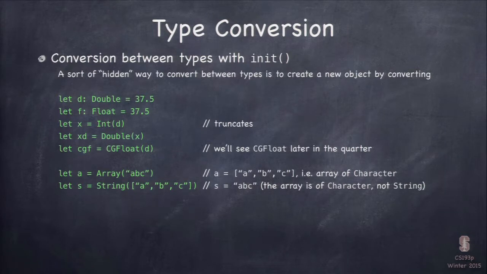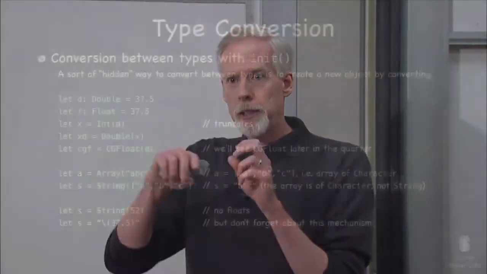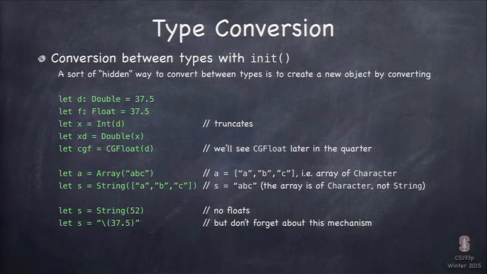Or vice versa, you can have an array of Unicode characters and pass that to String's constructor, and it'll return the string with those things zipped up. Okay? So there's kind of a hidden thing there. Notice that you can't do String of 52.5, but that's okay because you have that backslash open parentheses thing to convert floats to strings. You can do String of 52 though, because it has toInt. It kind of knows how to do that.